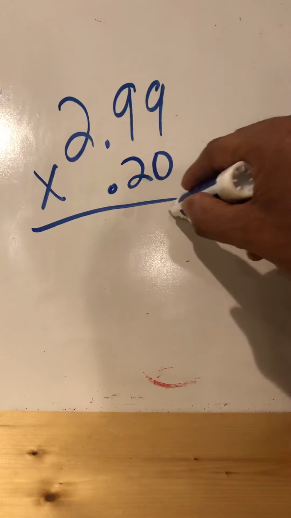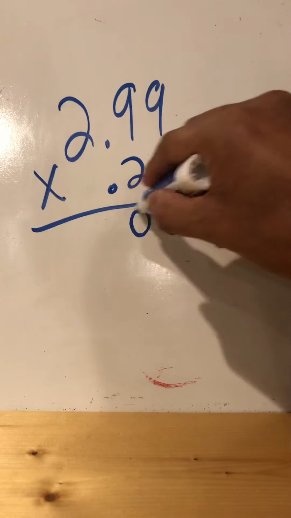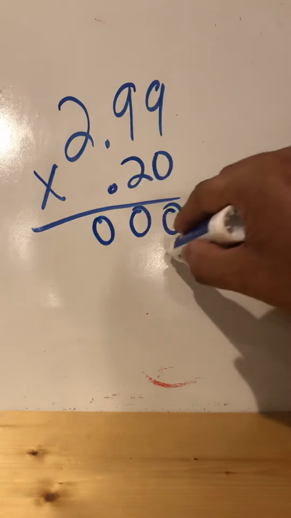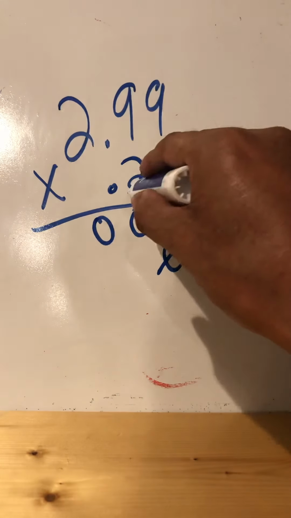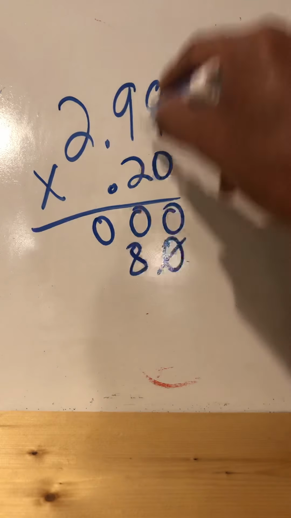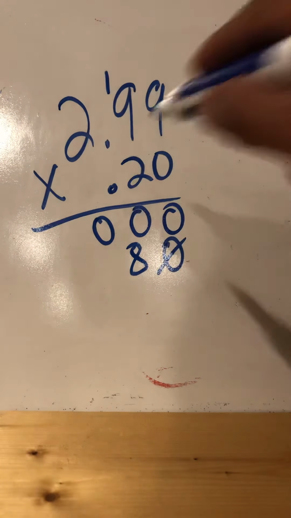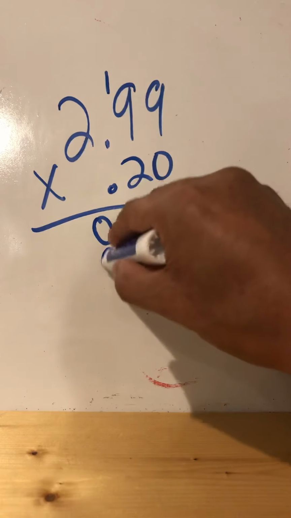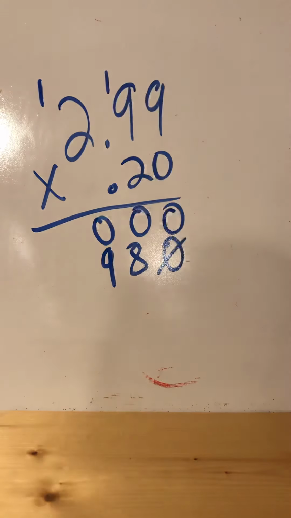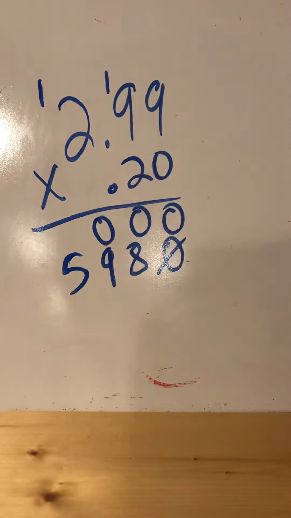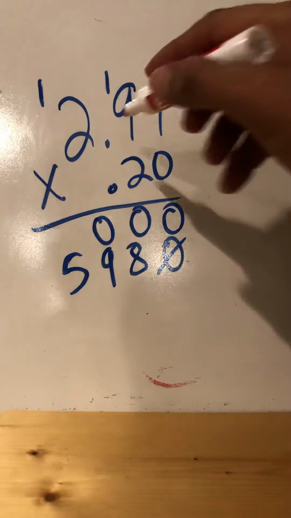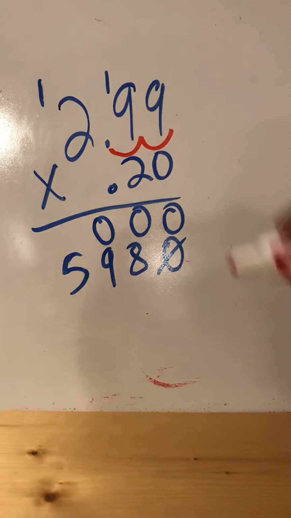So 0 times 9 makes 0, 0 times 9 makes 0, 0 times 2 makes 0. I'm going to move over, so make sure you put your 0 there. So now we go here, 2 times 9 makes 18, carry my 1. 2 times 9 is 18, plus 1 more makes 19. 2 times 2 is 4, plus 1 makes 5. Well, almost done. Since we're multiplying decimals, that means that my answer should have a decimal.